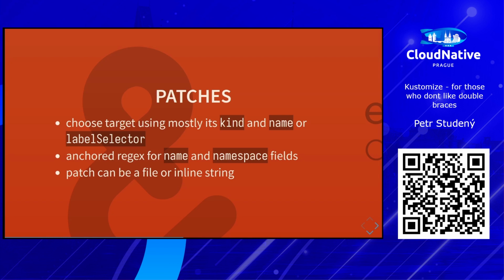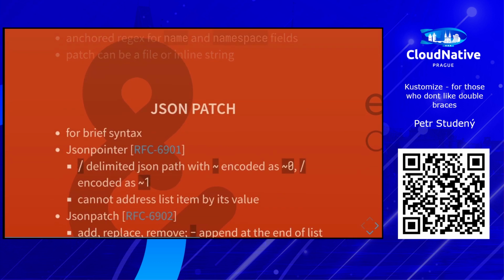It uses regex, which is great because you can patch several resources at once, for example, using a group in your regular expression. The patch itself can be defined inline in the kustomization YAML file, which is nice because you have everything in one place, but it can grow very big, so you can also use a file for your patch.